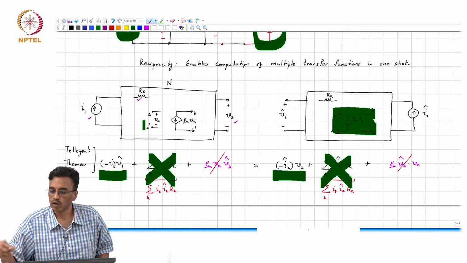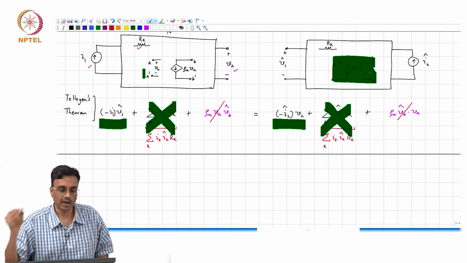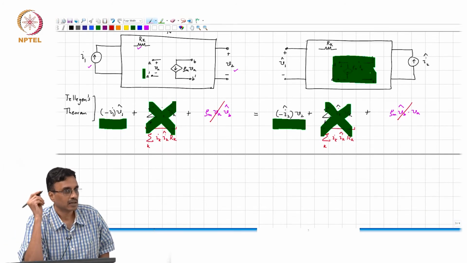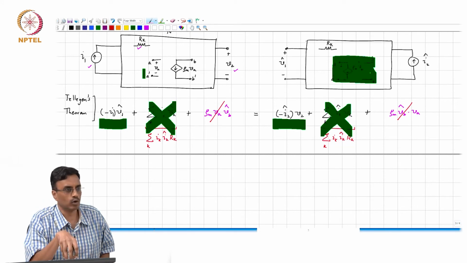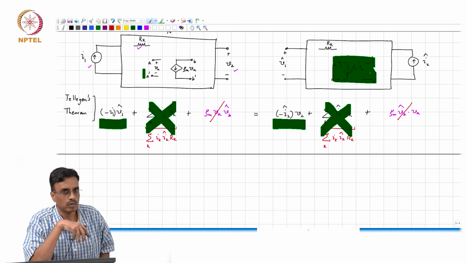Okay. So basically this means that we have an original network with some controlled source inside.